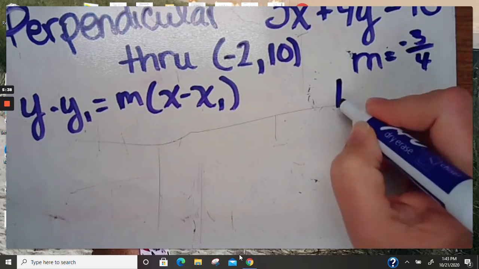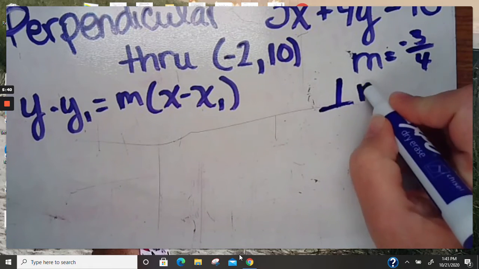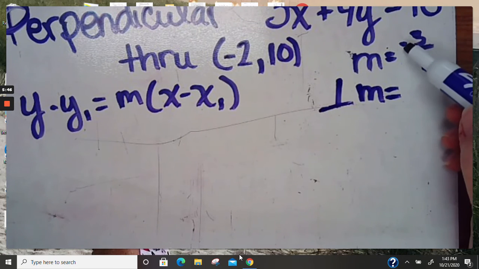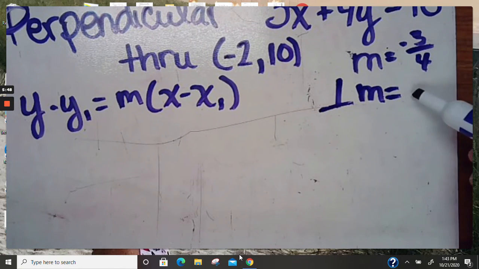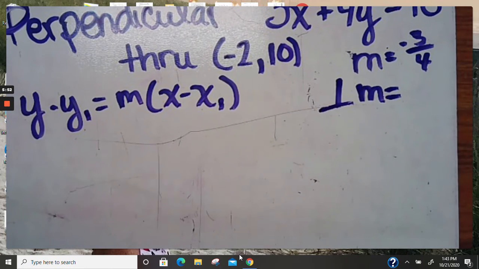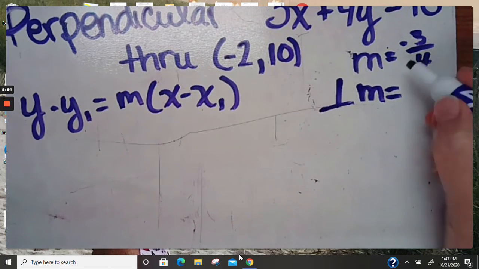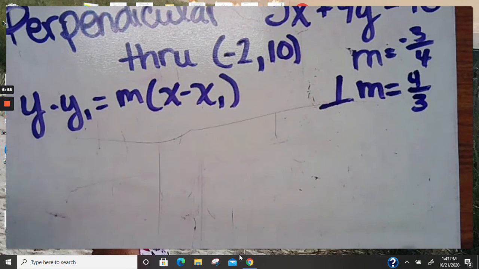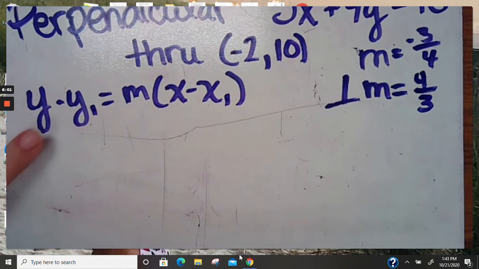To find the perpendicular slope, and that's the perpendicular symbol, it would be the opposite reciprocal. The opposite means this was negative, this one's going to be positive, and reciprocal means flip this fraction over. So that's going to be positive 4/3.